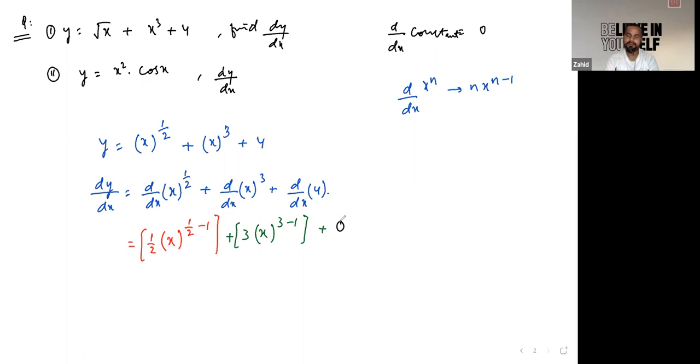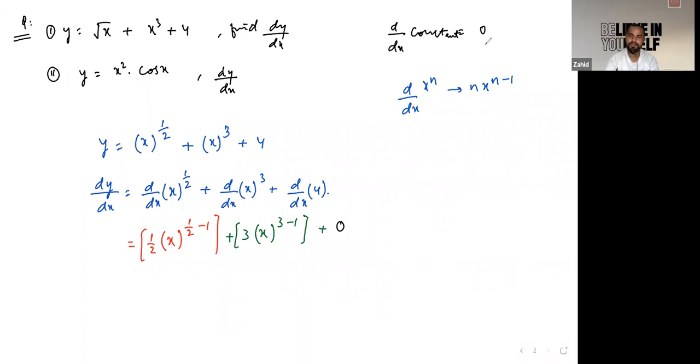Is it clear, Nikhil? Sir, can you explain the last one again? How did it become 0? Since the last term is 4, which is nothing but a constant term, and I have defined that for any constant term, its differentiation would be 0. That's why differentiation of 4 would be 0. Oh, yes.